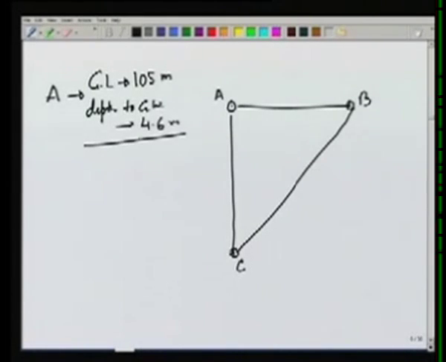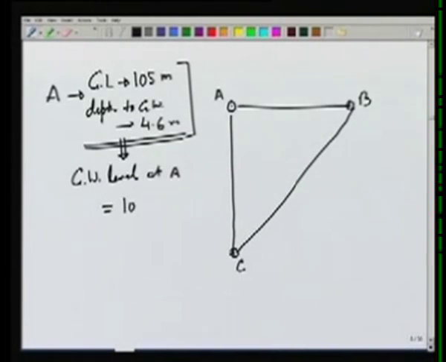So if we have these 2 data available to us, we know that the groundwater elevation, groundwater level at A, would be nothing but the difference of these two, and it will be 100.4 meters.